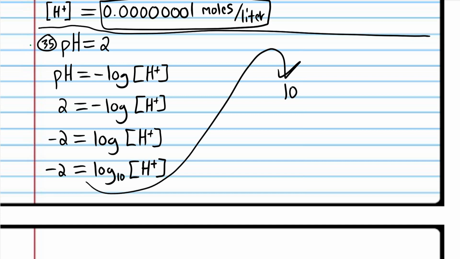The base is 10. The exponent is what the logarithm is equal to. And 10 to the -2 power is 0.01. And remember to write moles per liter.